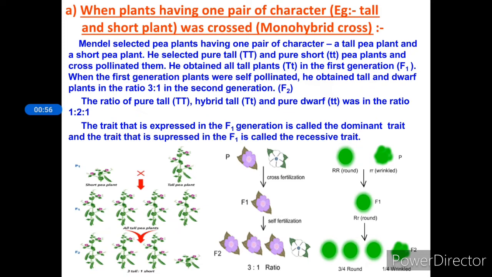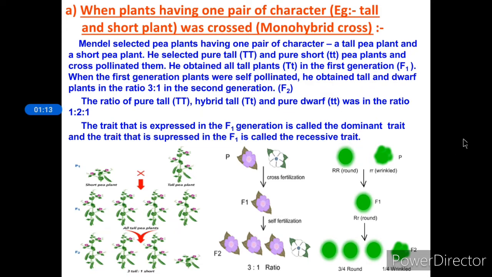Based on those principles, inheritance happens not only in pea plants but also in human beings and in all living organisms. So let's see what he did.